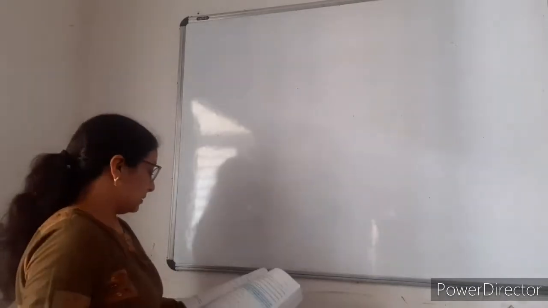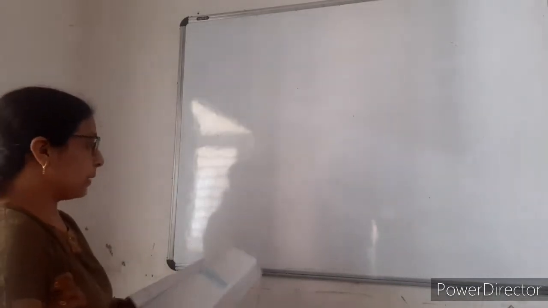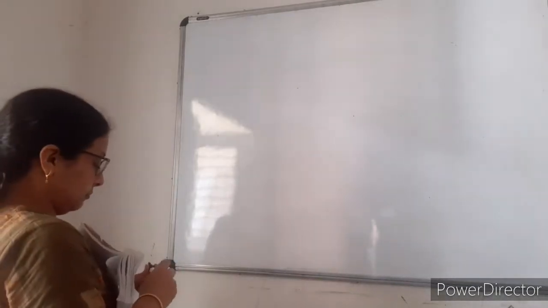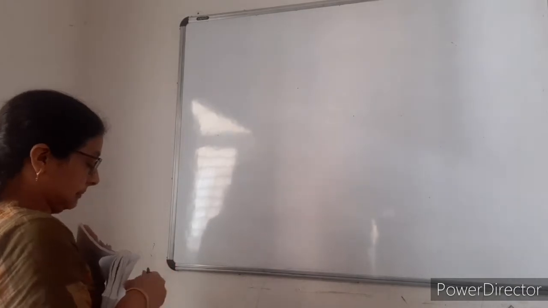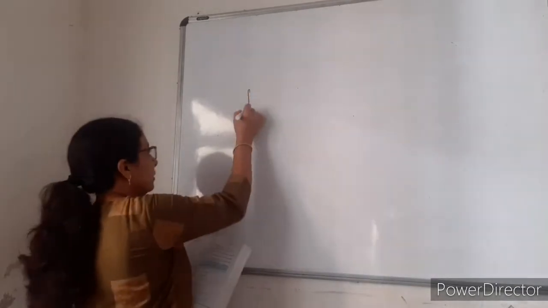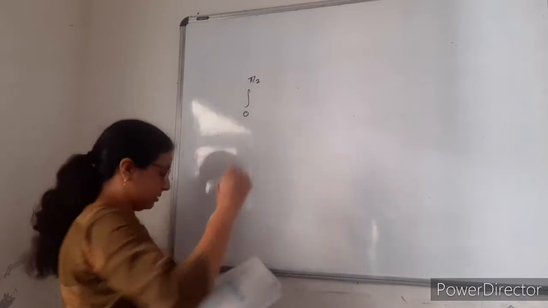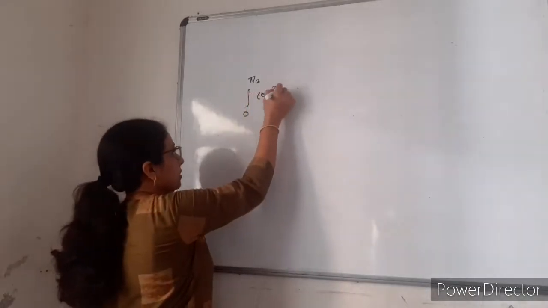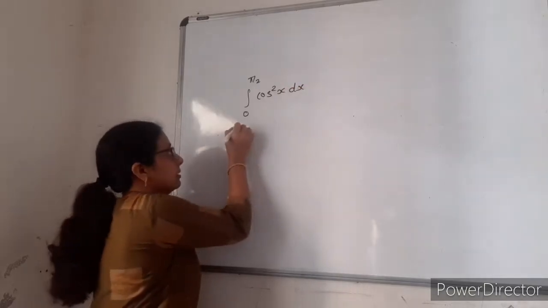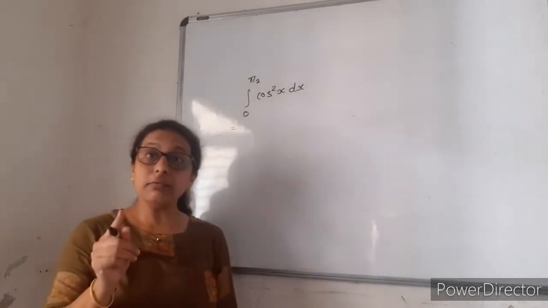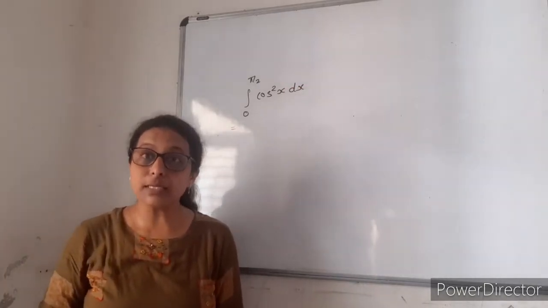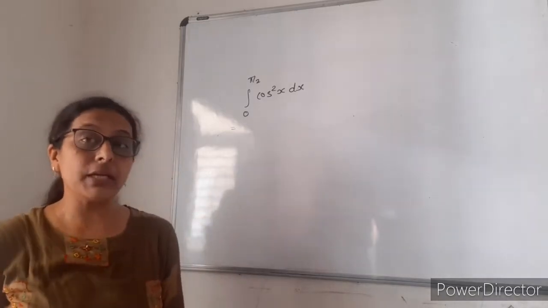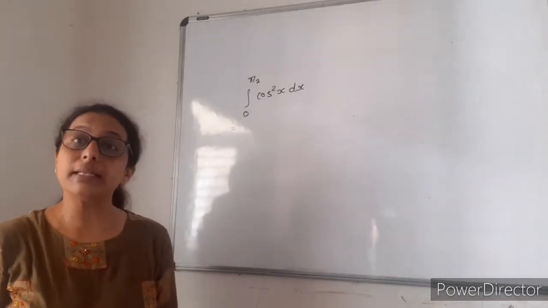So, question number 12 is integration 0 to pi by 2 of cos square x. Yes. You all know wherever there is a square, what to do is we have to remove the square by using the trigonometric identity.